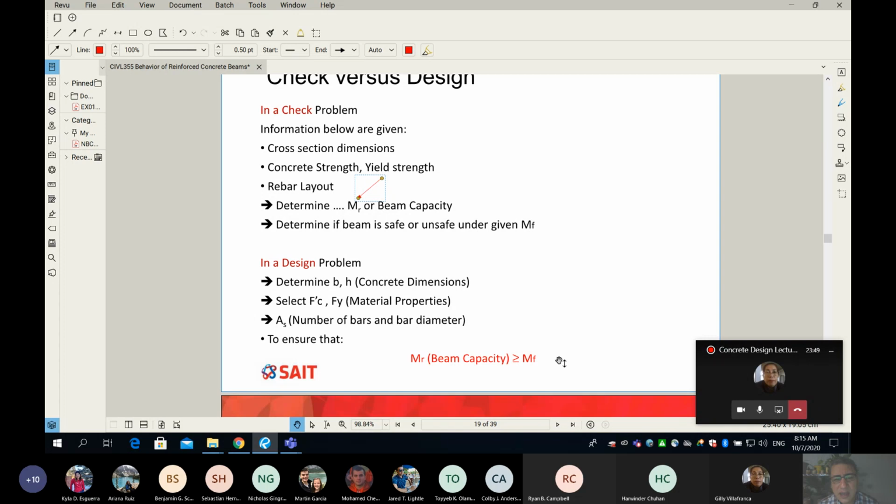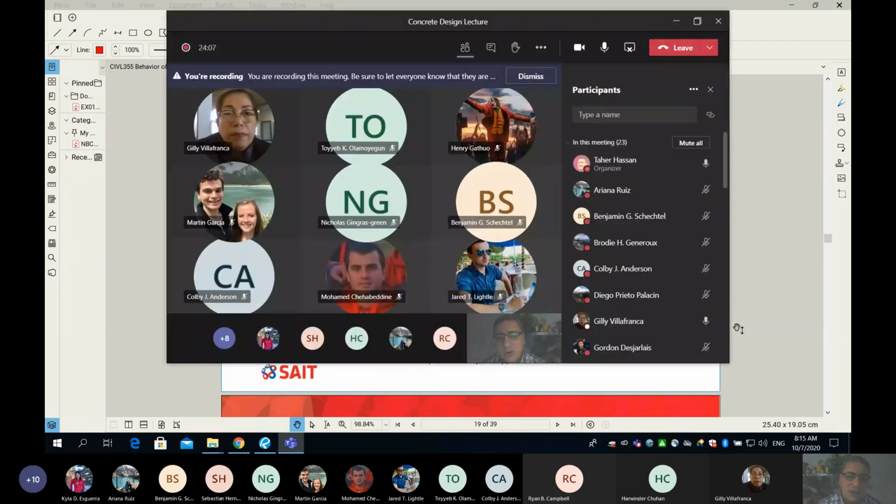Sometimes we go further. If your beam is unsafe, you need to provide a solution on how to increase the beam capacity so it can handle the new applied bending moment. Are you guys following? Let me hear some noise.